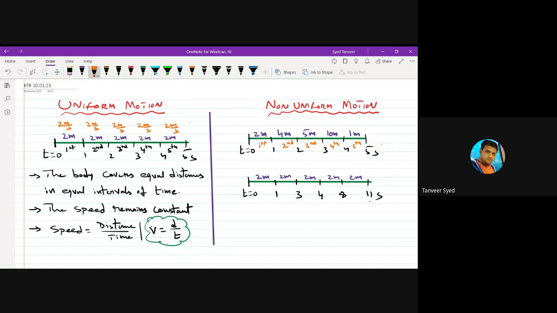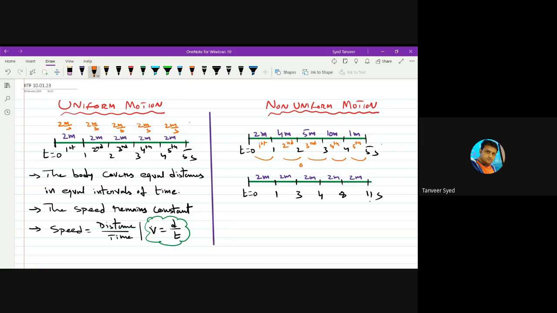So in equal intervals of time, 1 second each, the body is covering unequal distances. First second 2 meters, second 4, third second 5, 10, 1, like that. So unequal distances in equal intervals of time.